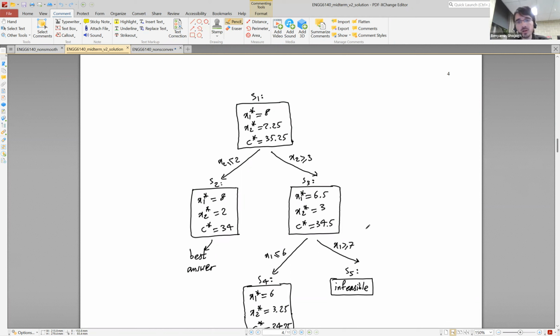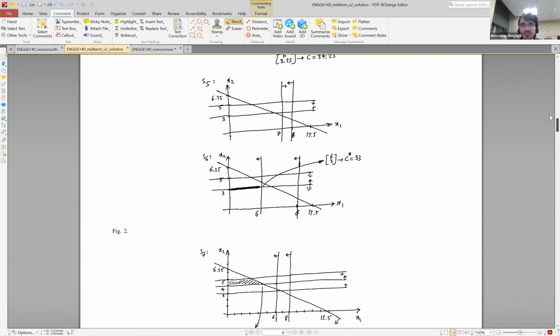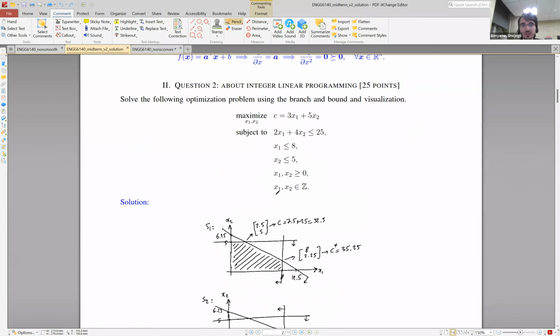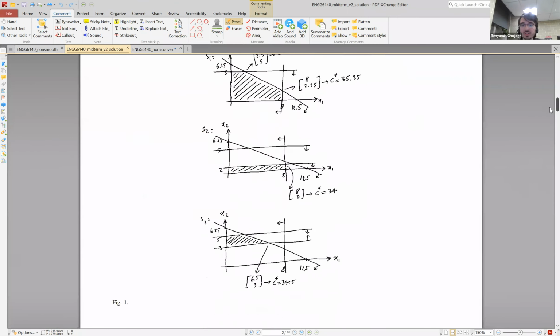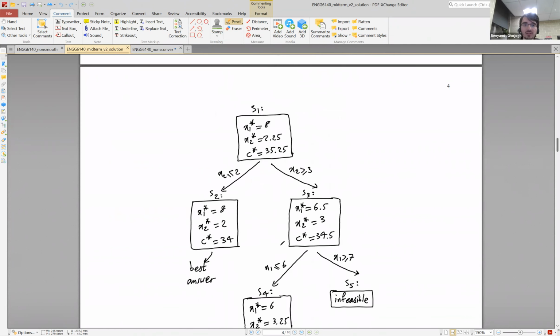But for example, in subproblem 3, we can't stop because the solutions are not integer points. However, here in subproblem 2, x1 star equals 8, x2 star equals 2, both are integer, satisfying the constraint saying that x1 and x2 are integer. And we have some cost.